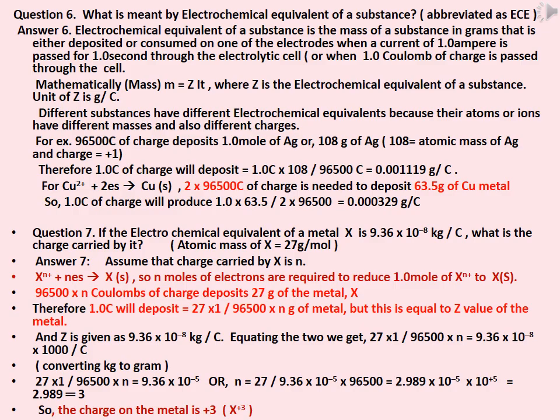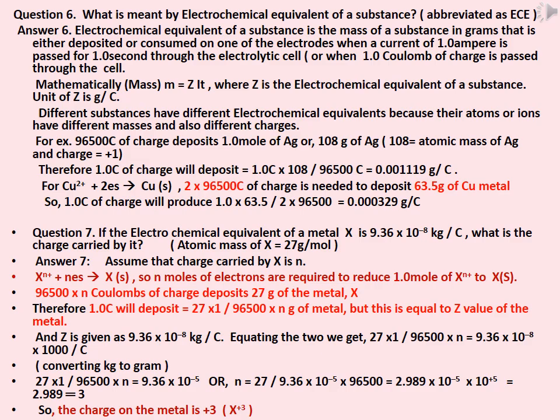Mathematically, M is equal to Z into I into T. Here Z is the symbol for electrochemical equivalent of a substance, I is current in amperes, and t is time in seconds, that is I is 1 ampere and t is 1 second. Unit of Z is gram per coulomb.